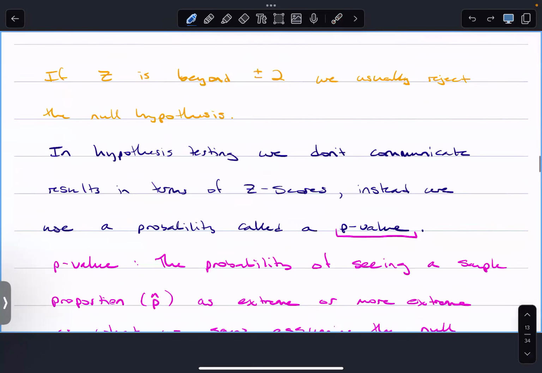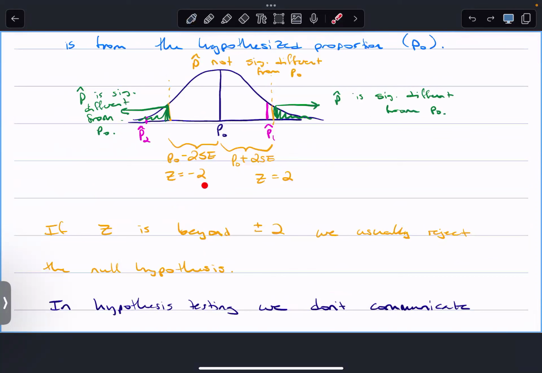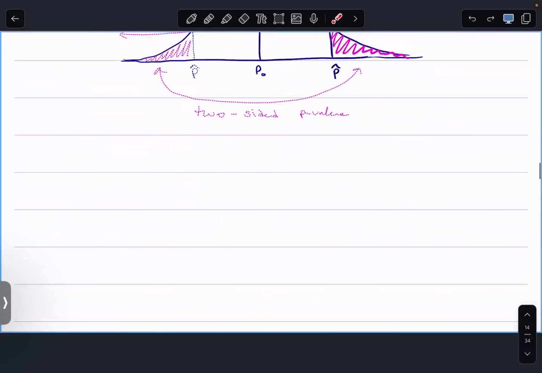So instead of talking about if z is beyond plus or minus 2, we're going to talk about the probabilities. But at z plus or minus 2, how much area do I have in the tails? Well, if I've got 95% in the center, then I have 5% split between the two tails, so 2.5 and 2.5. So here, our z is centered on 0.